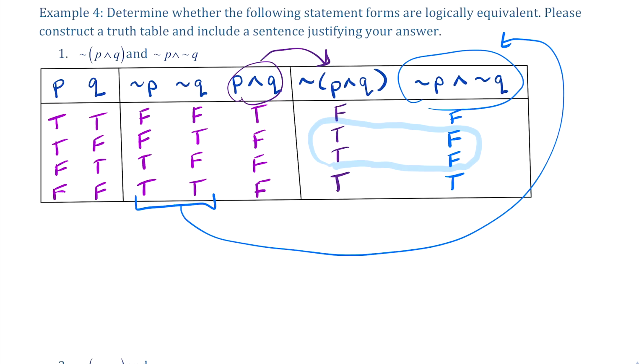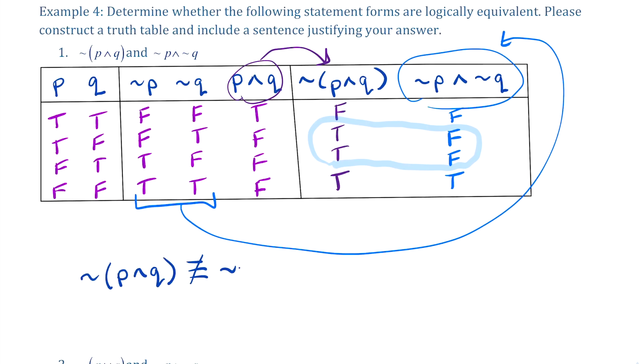So at the end of the day, the negation of the conjunction of P and Q is not logically equivalent to the conjunction of not P and not Q. All right, which is a common mistake. People try to say that's equivalent.